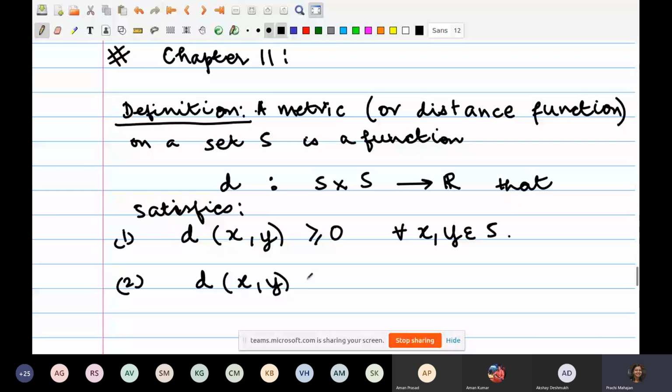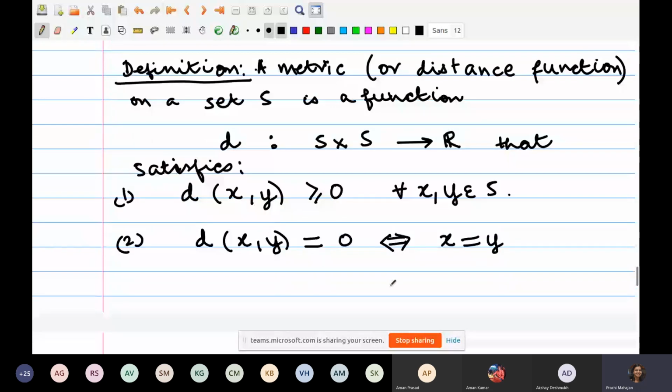the distance between x and y is 0. This should imply that x is the same as the point y. And if x is the same as the point y, then the distance between the two should be 0. This is an if and only if statement.